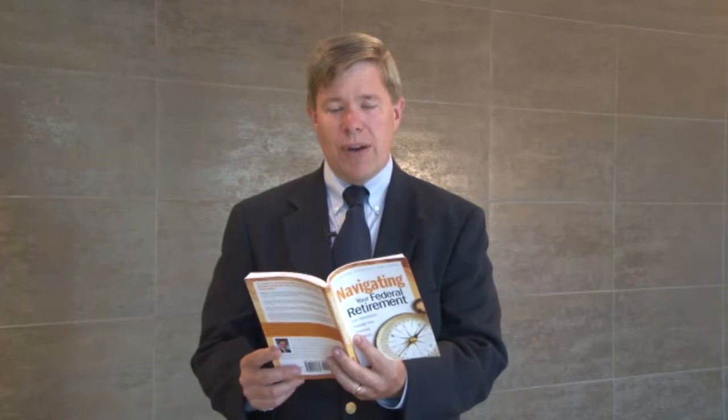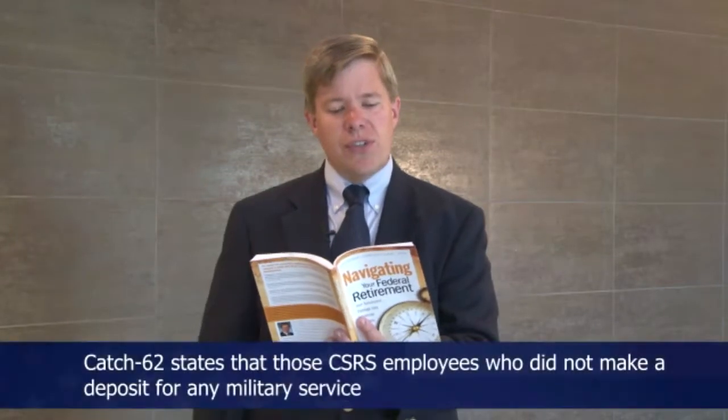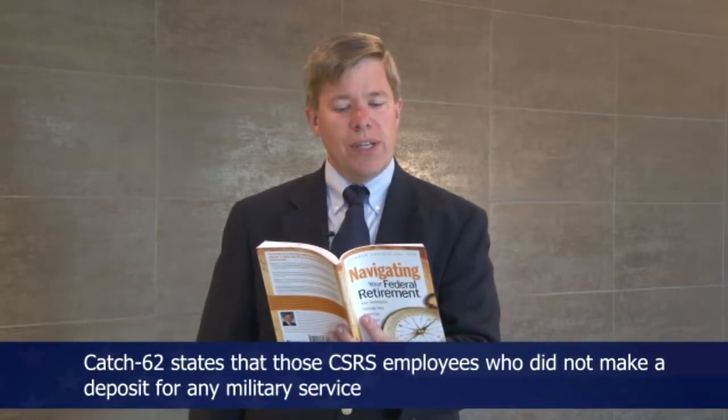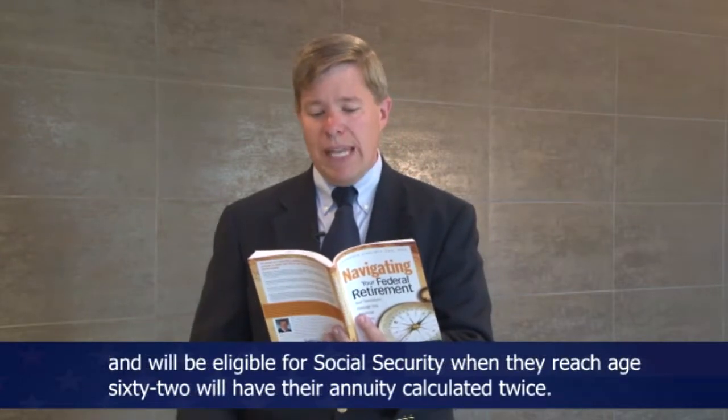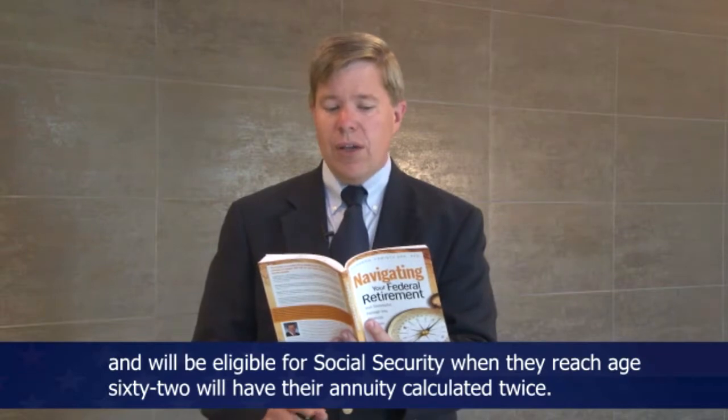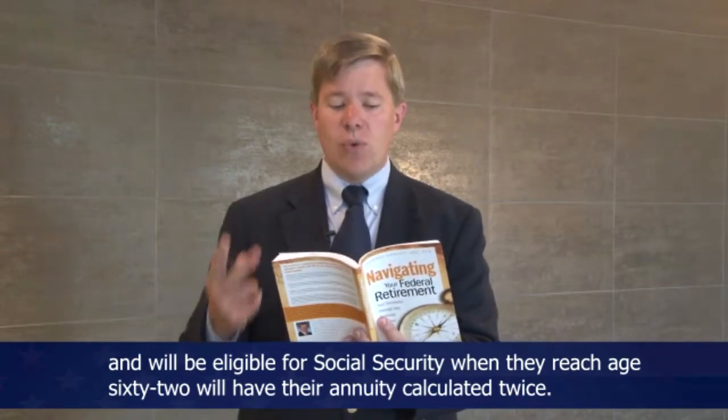I'm going to read straight from page 22 of our book, just a quick little paragraph. The Catch 62 states that those CSRS employees who did not make a deposit for any military service and will be eligible for Social Security when they reach age 62 will have their annuity calculated twice.